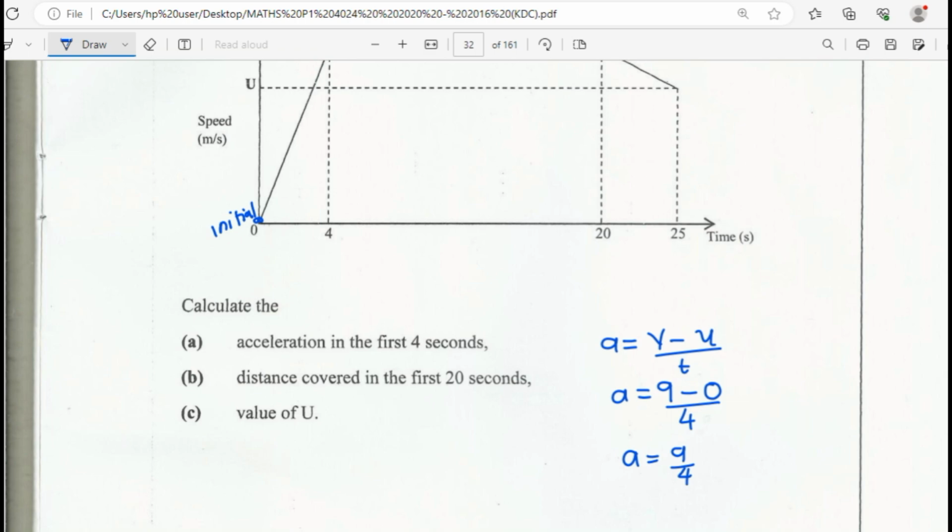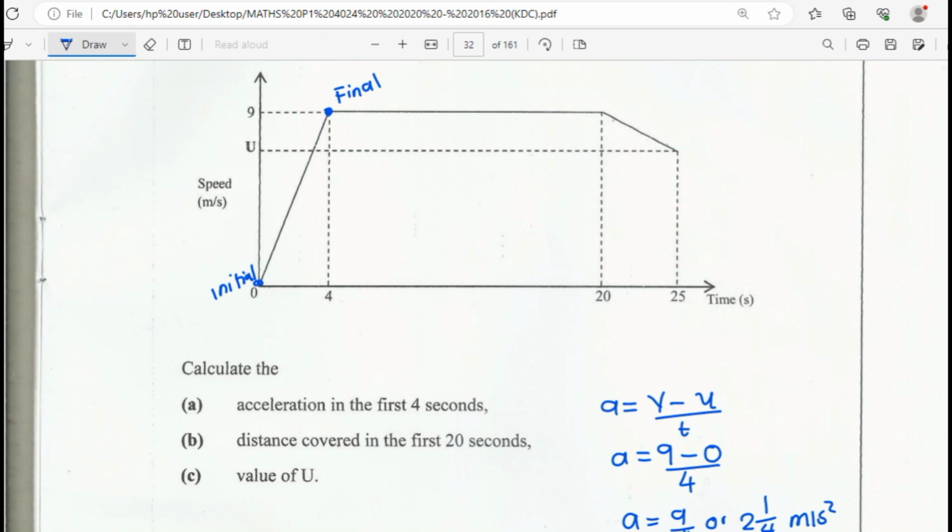So 4 into 9 is 2, remainder 1, so 2 1 over 4 meters per second squared. Then distance covered in the first 20 seconds. So let's go in the first 20 seconds.